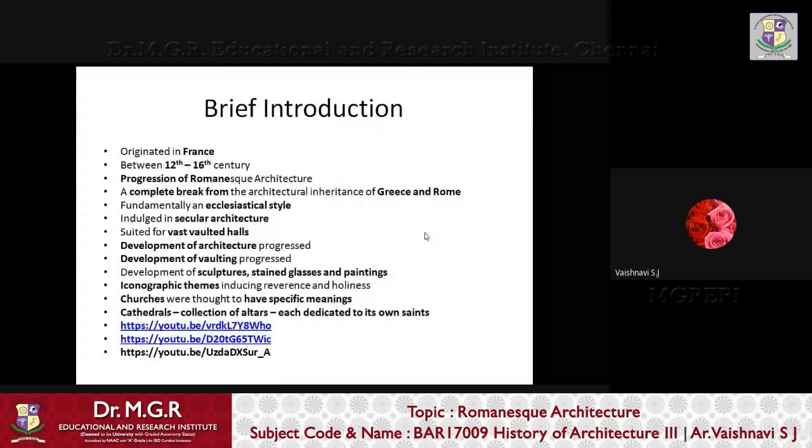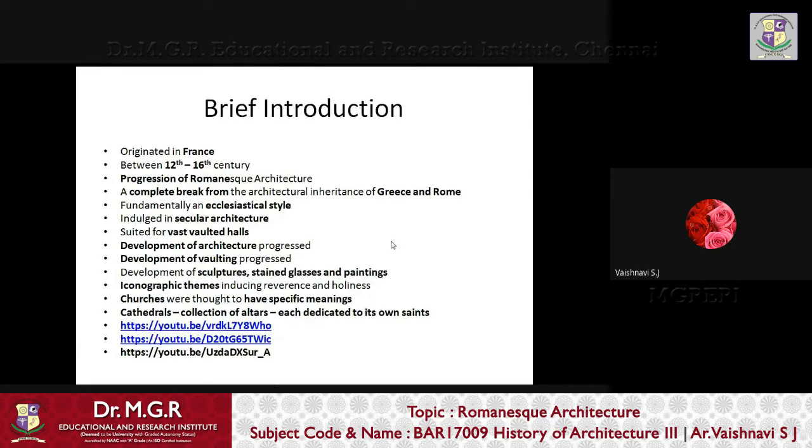So it is indulged in secular architecture, and it had vaulted halls, which are very vast, and the architecture and vaulting style was developed here. They started finding out different types of walls, and a new style of architecture was also adapted. They also used sculpture, stained glass, and paintings in Gothic style churches. And they had different themes.